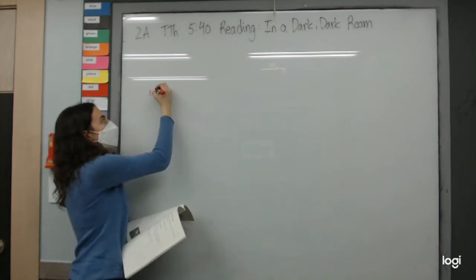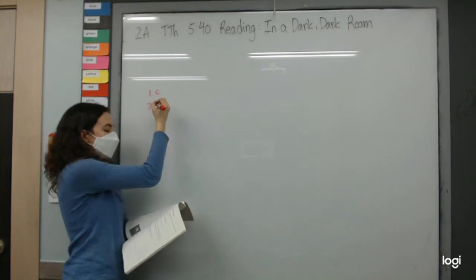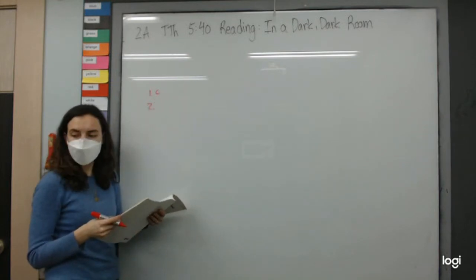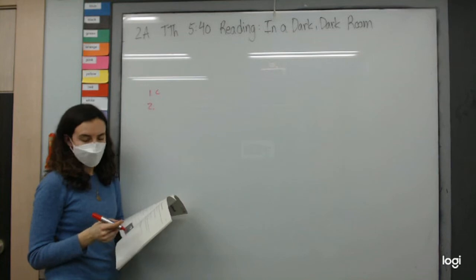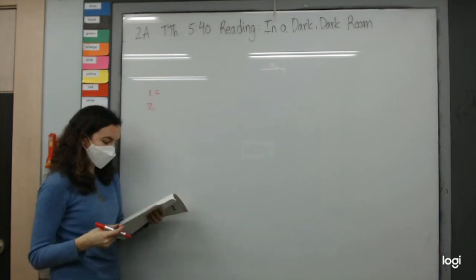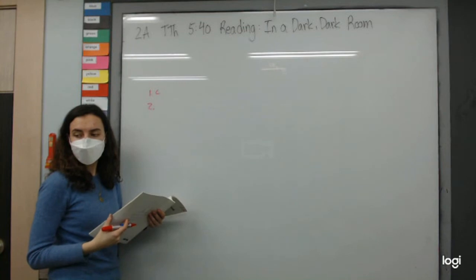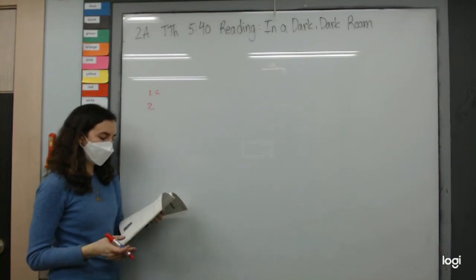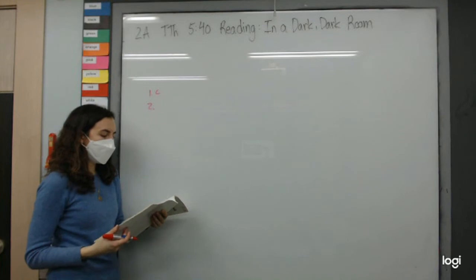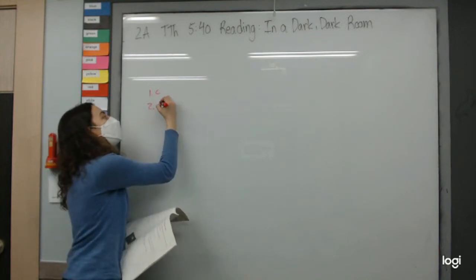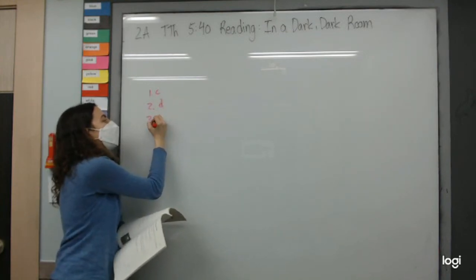Cemetery is C, the place in the ground where a dead body is buried. Number 2: Do you want a ride home? I asked. What is a ride? A ride is D, to go in a car.